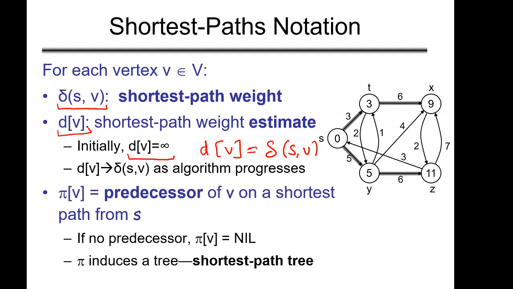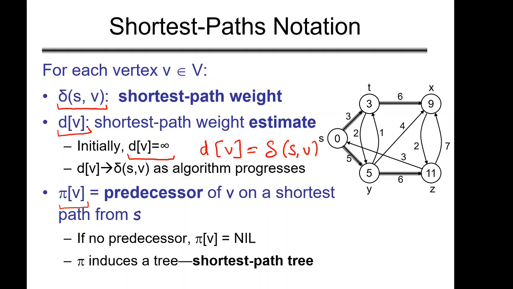Apart from d of V, we will also store the parent, or predecessor, of V on the shortest path from S. If you correlate that, we can backtrack this path to find the actual path also, right?